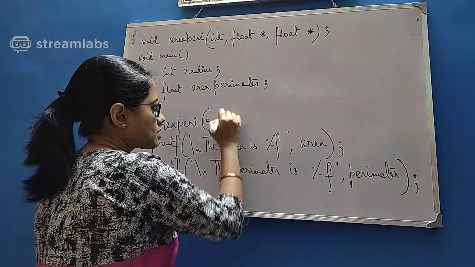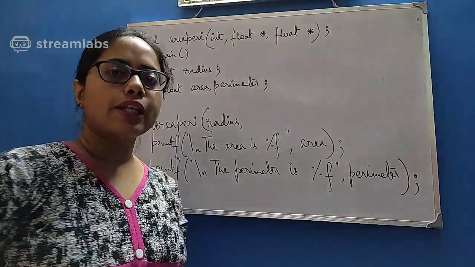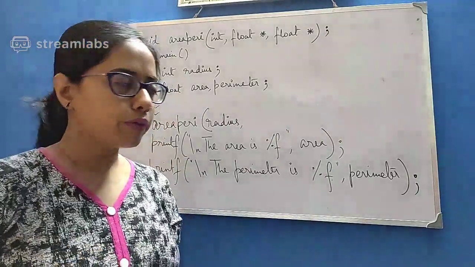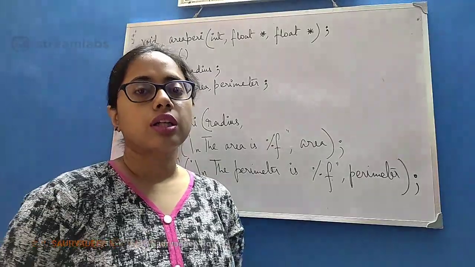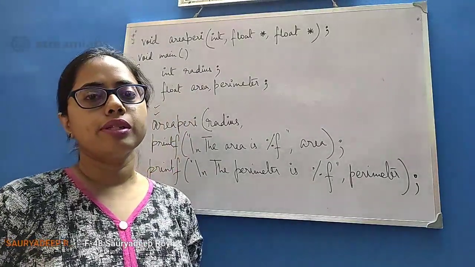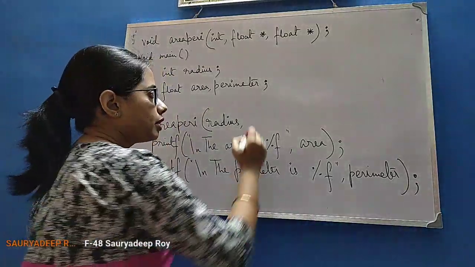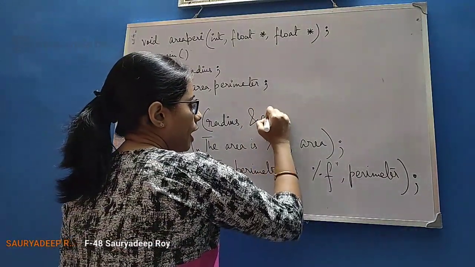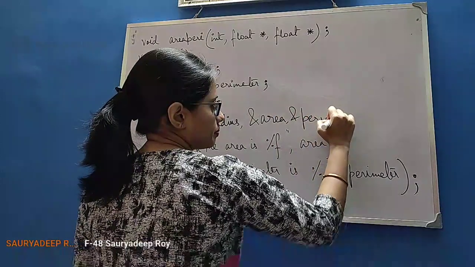So, radius by value is indicated by simply mentioning the name of the variable, and we must send what? The references of the variables area and perimeter, or the addresses of area and perimeter, naturally, which is denoted by ampersand area and ampersand perimeter.